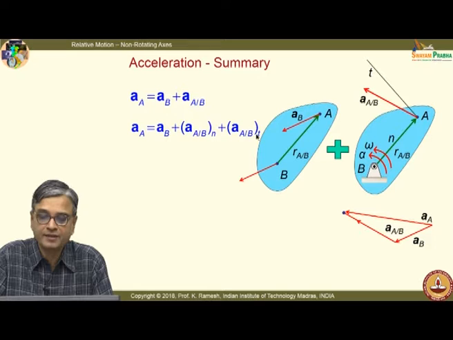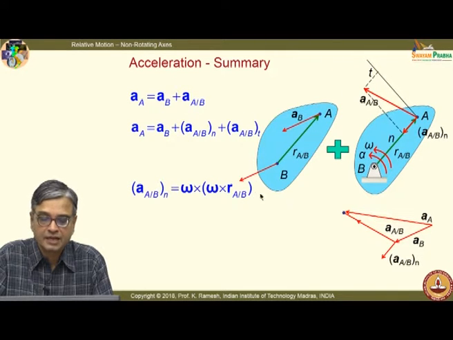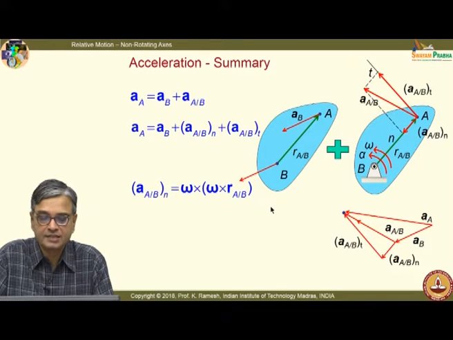You can view it in either way, as a radial or theta direction, and I have this as a normal component, and I have the tangential component this way, and the normal component can be obtained from your circular motion as omega cross r, and your tangential component is nothing but alpha cross r.